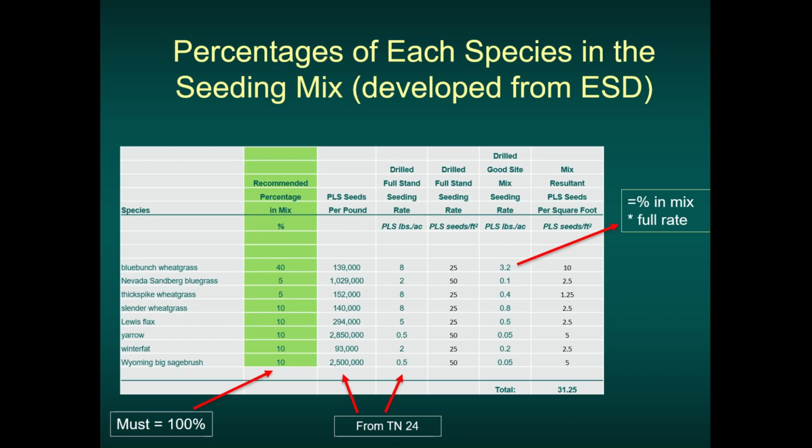And then 0.1 pounds of Nevada bluegrass for our 5% of the mix, and so on and so on. And if we do those same calculations based from the seeds per foot, then we end up with 10 seeds per foot of bluebunch wheatgrass, 2.5 seeds per foot on average of Nevada bluegrass, and so on. And our total is about 31 seeds per foot of our whole mix.